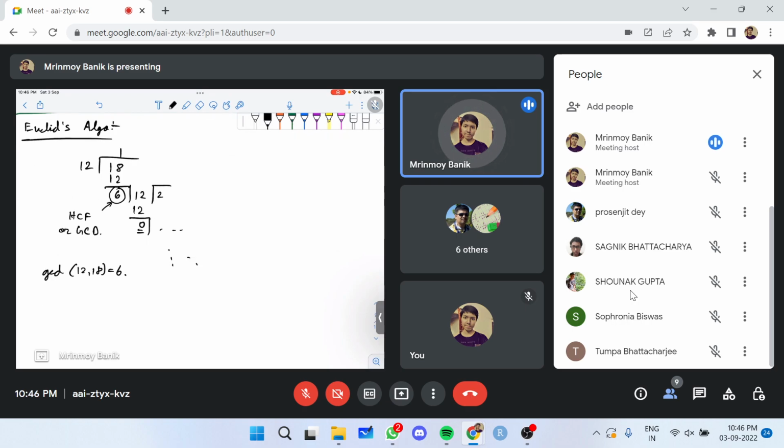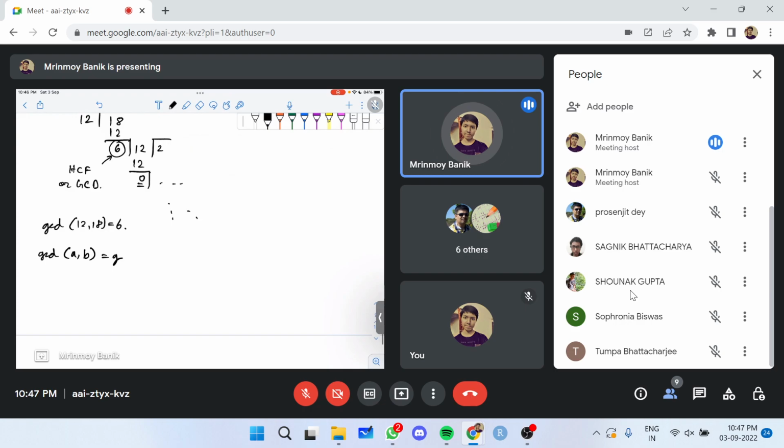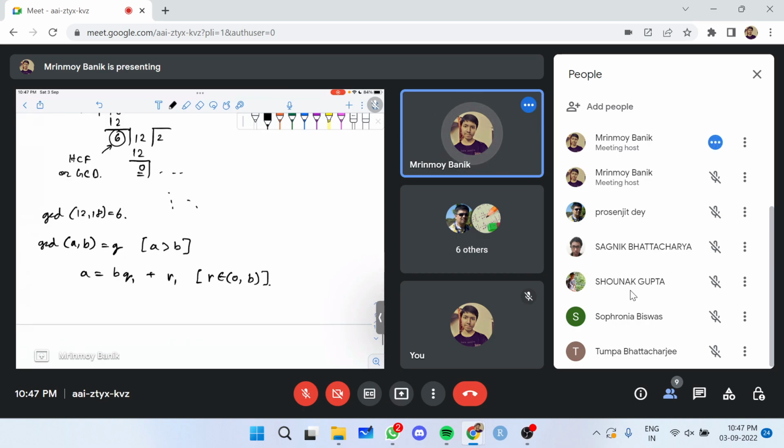So basically if you are using the division algorithm repeatedly, first you have two numbers A and B, and suppose they have a GCD G. Suppose also A is strictly larger than B. So you write A is equal to B Q1 plus R1, where R1 is between 0 and B, that is strictly less than B and strictly more than 0.